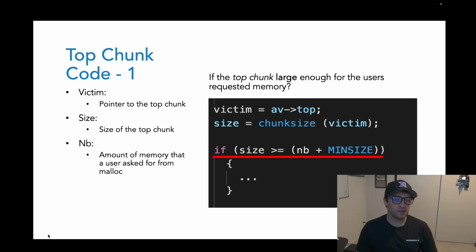And nb is the amount of memory that the user has asked for from malloc. And if the size of this chunk is greater than or equal to the allocation we're requesting, or really, do we have enough in the top chunk, then it does this if statement. And this is the usage of the top chunk route. If that wasn't true, then it would have to extend the heap or find some other way to allocate it.